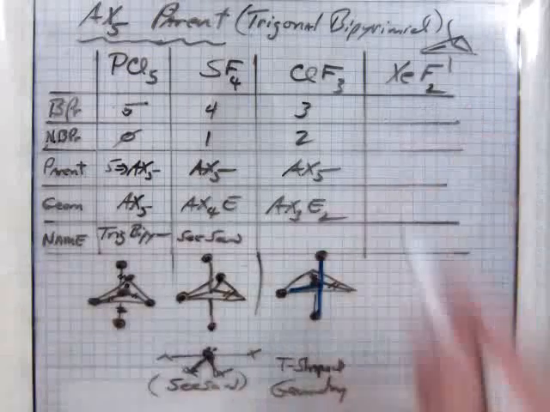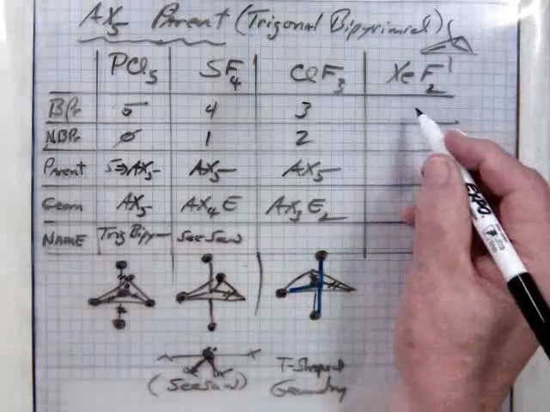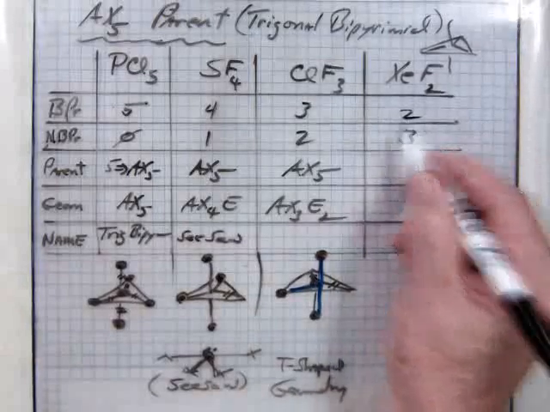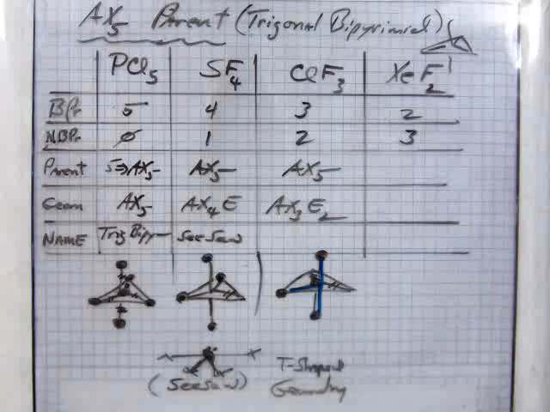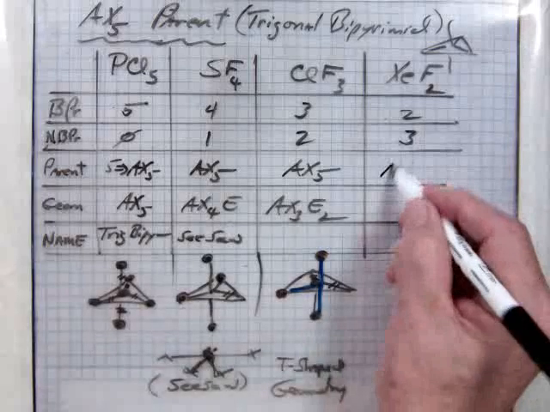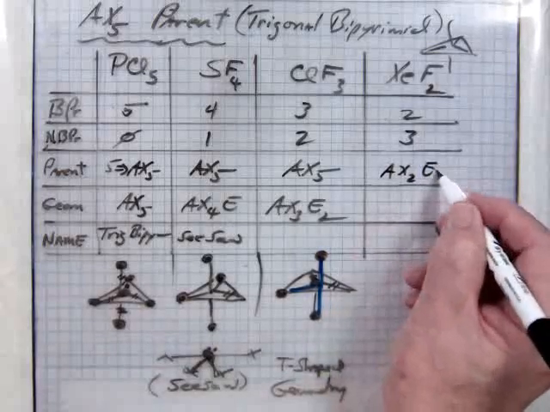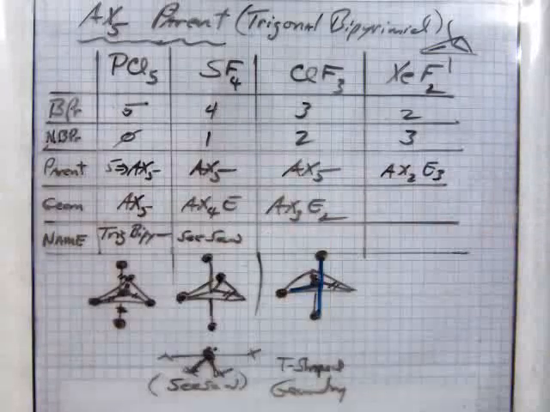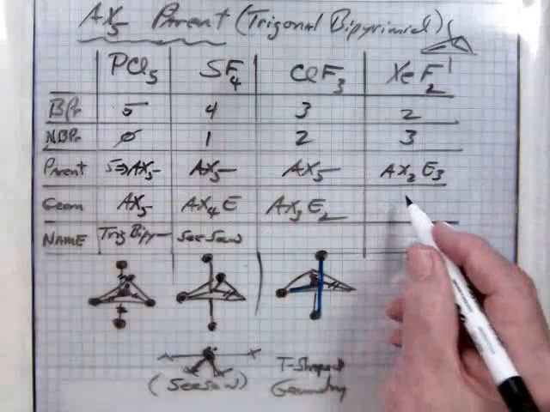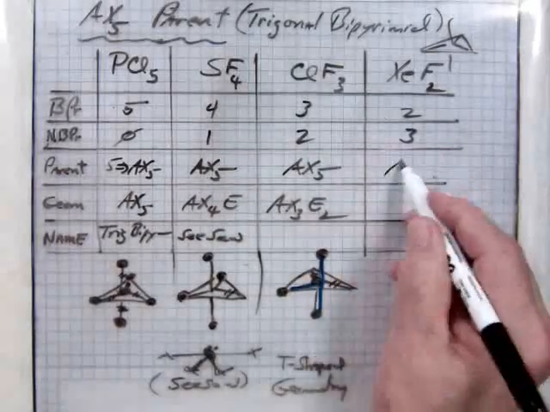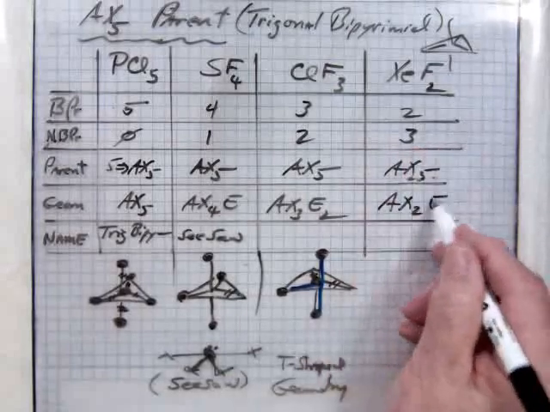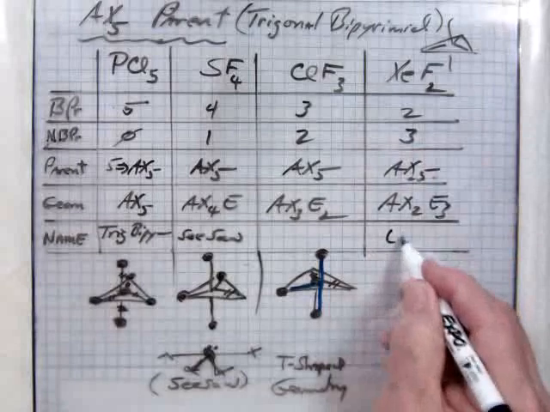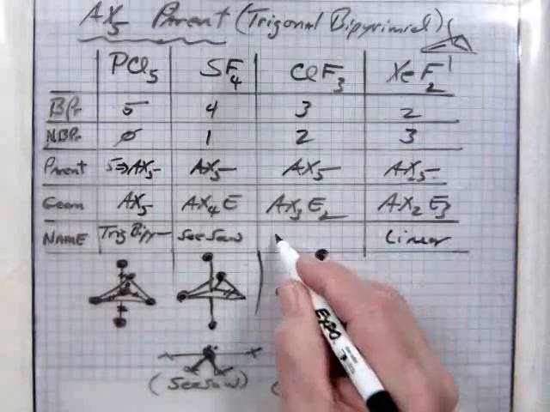In the last one, we have 2 attachments, 3 non-bonded pairs. If you work it out, it'll show up 3 non-bonded pairs, which is an AX2E3 geometry, and this will be an AX5 parent with an AX2E3 geometry, and this comes out linear. I forgot to write linear.